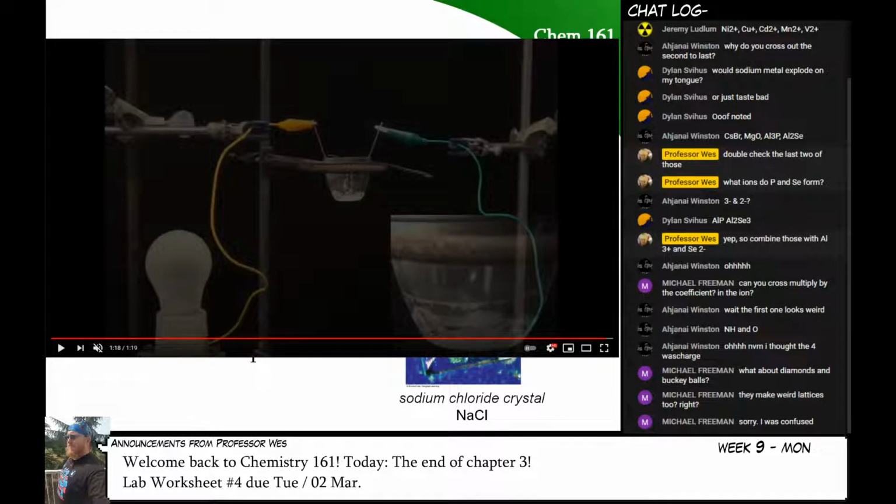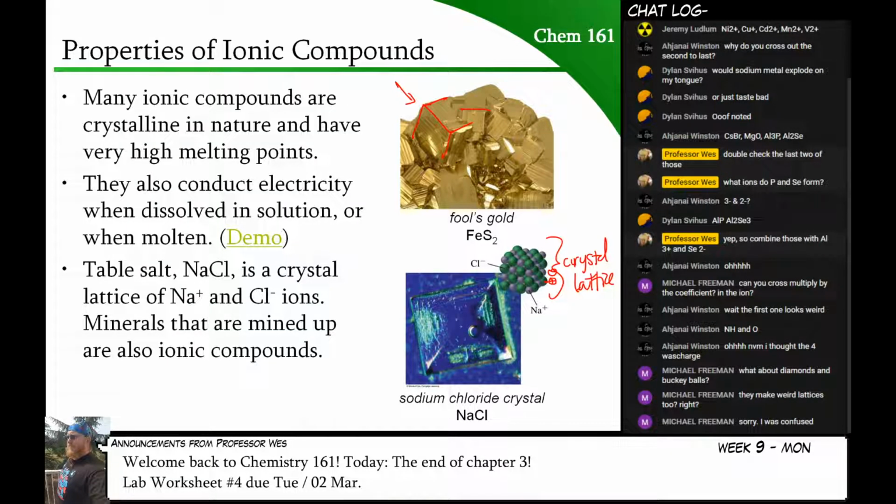So that demonstrates the conductivity of ionic compounds. Ionic compounds are very conductive if they're molten or if you dissolve them in water. And you did a conductivity test in 140 where we put salt water into a beaker and then you put the conductivity probe and the numbers went up. So you probably remember that.